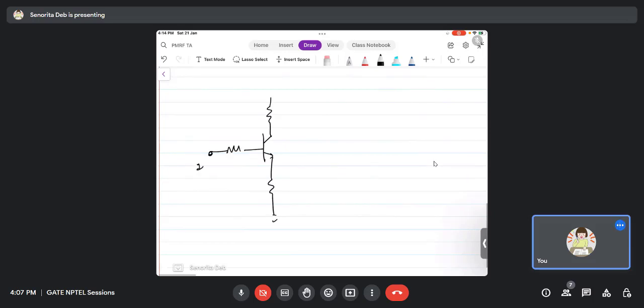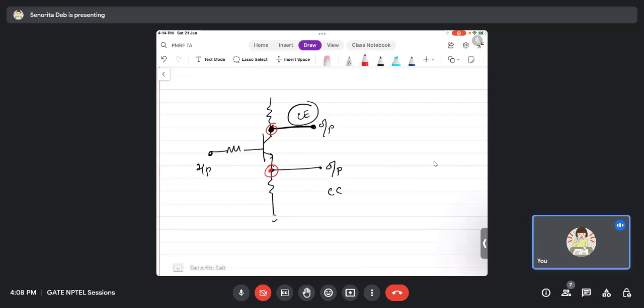So this is the input. If the output is taken from here, this is common collector, and if the output is taken from here, it is common emitter. Now obviously when you are taking the output, you are taking it from any one node, right? So if you take the output from this node, it is common emitter. If you take the output from this node, it is common collector.